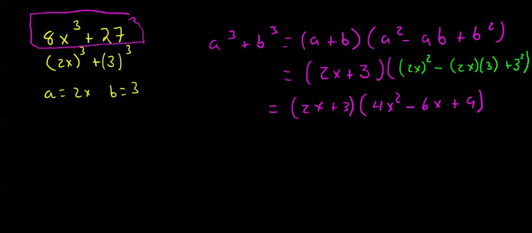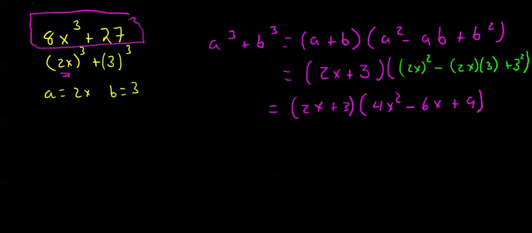All right? Now, the thing that's a little bit confusing for this is that we have a coefficient here of our a term. So just remember, when you square that, it's not 2x squared, it's 2x times 2x.